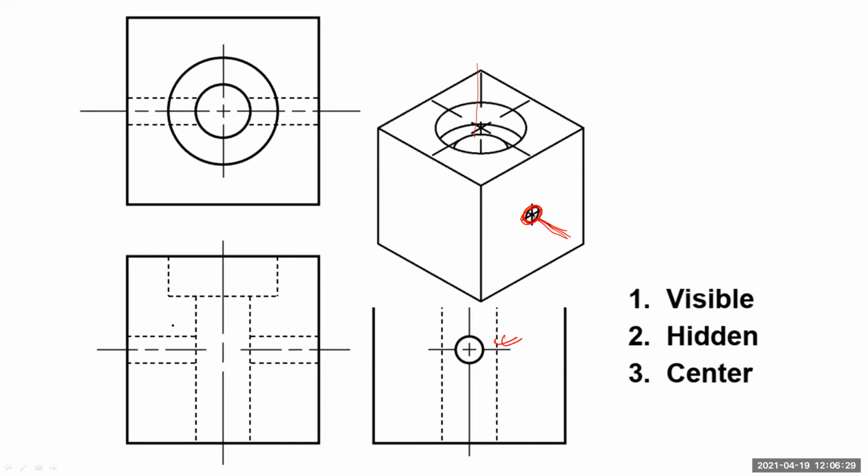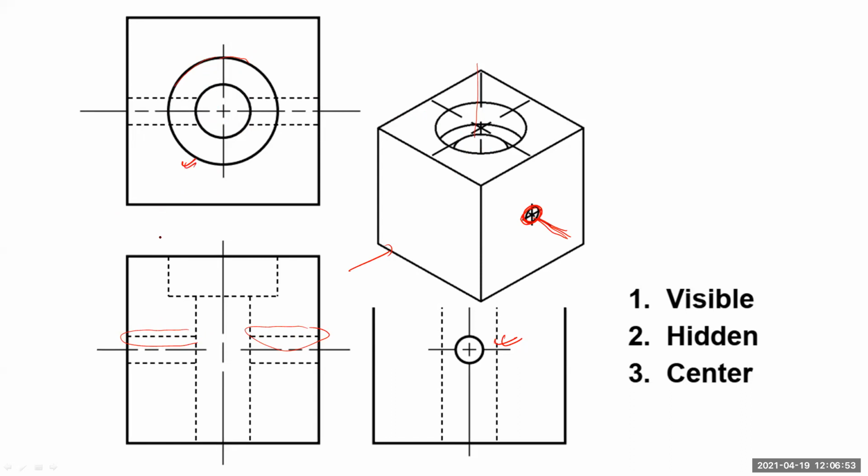Whereas in the front view, they are represented using hidden lines because they will not be visible from this side. The hole is inside this component, but when you see from the top, you can see continuous lines representing the holes. So here we have a combination of three lines.